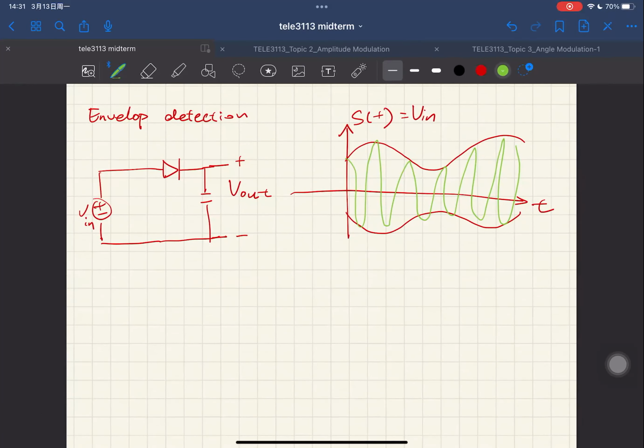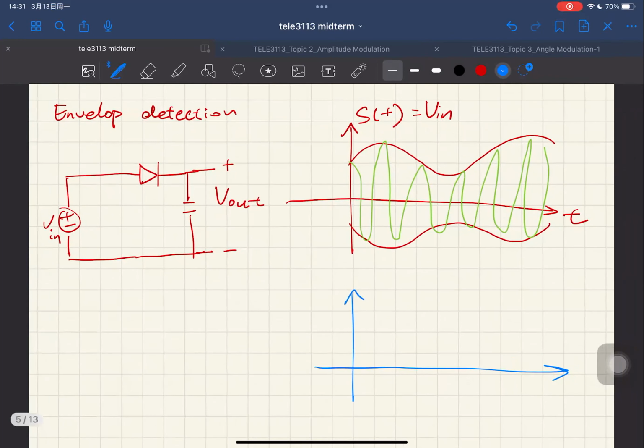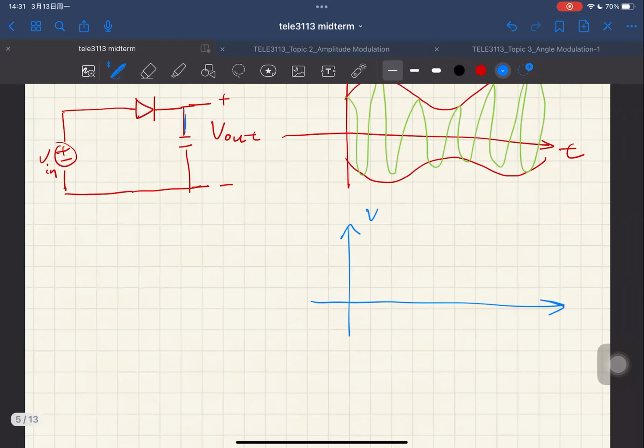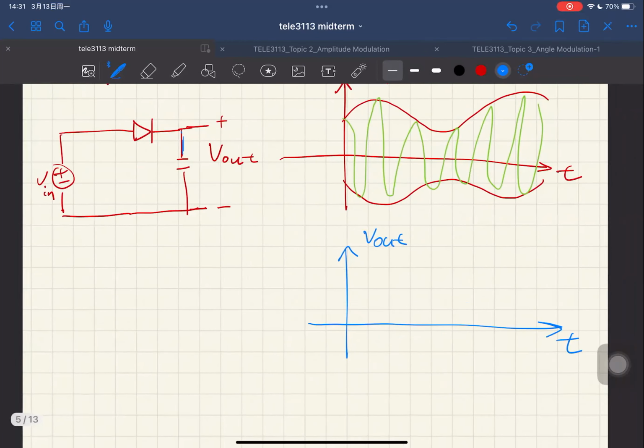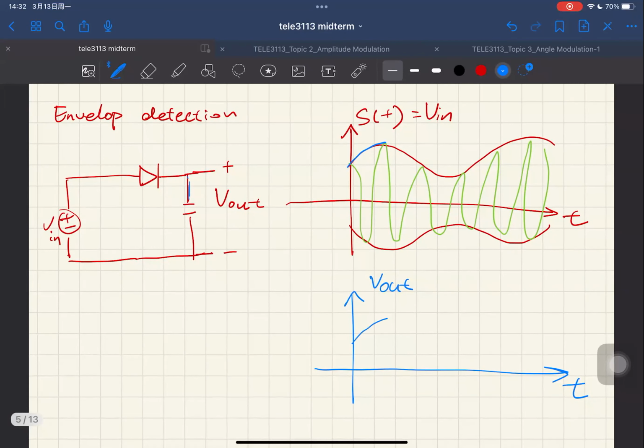At the start, you're sending this signal to the diode first, and then it will cross the capacitor. Essentially, this capacitor, I'm going to write it as C. Because this diode will be forward biased, and you are sending an increasing signal, the message signal will be passed, and the capacitor will be charged, so it's going to follow the trend of increase.